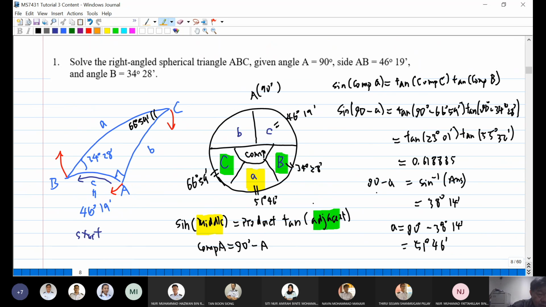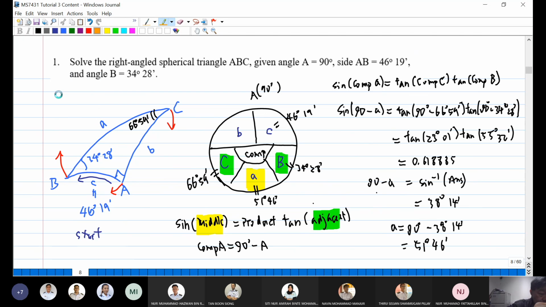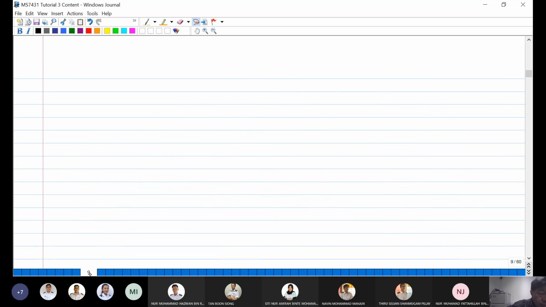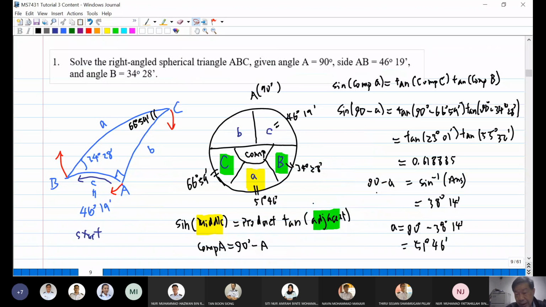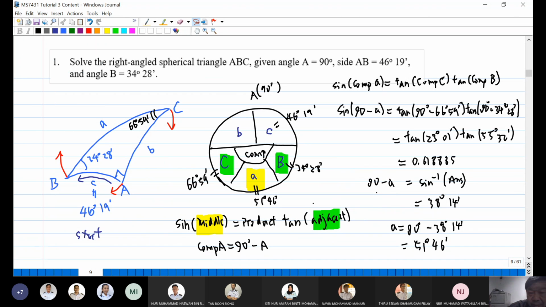Copy the question again. Okay, so I'm going to copy the question and then rework again. Right? So let's see, I erase all these things now.